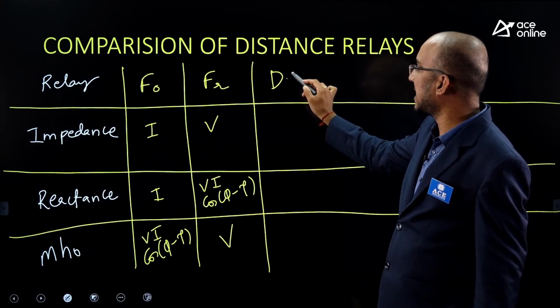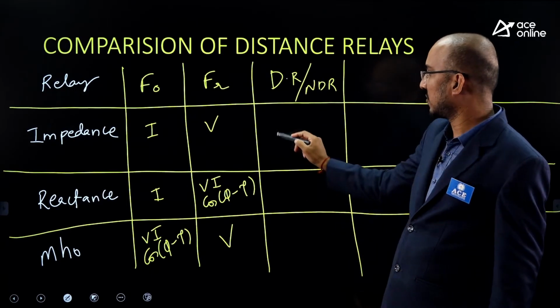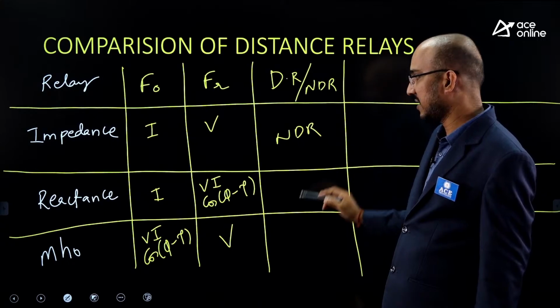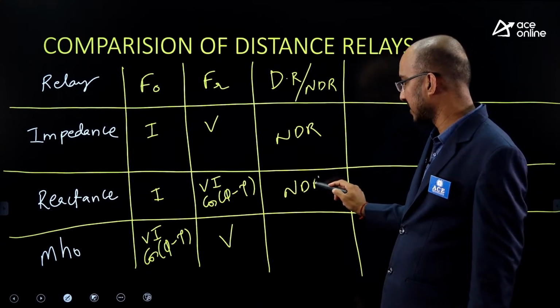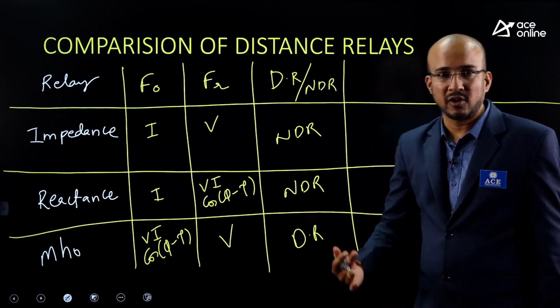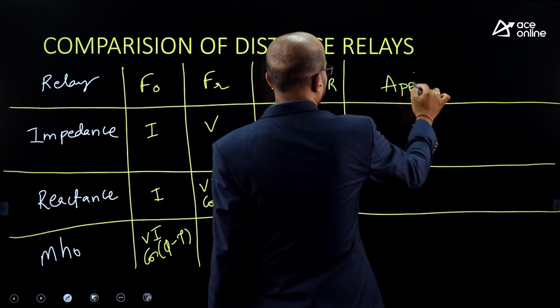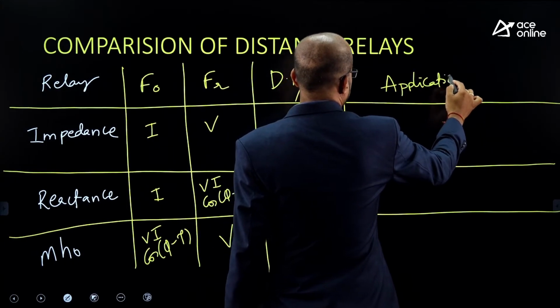And which relay is directional and which relay is non-directional. So the impedance relay is a non-directional relay, the reactance relay is a non-directional relay, the Mho relay is a directional relay. Now let us go for the last comparison, that is application comparison.